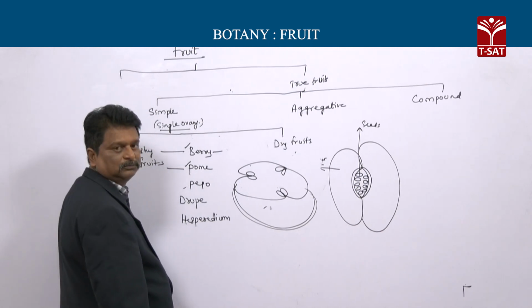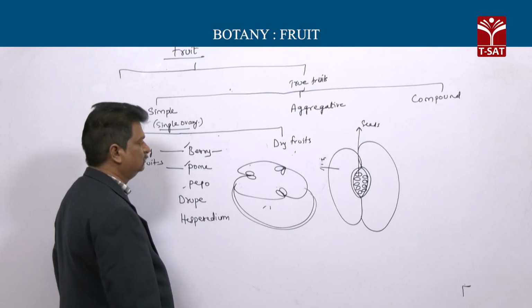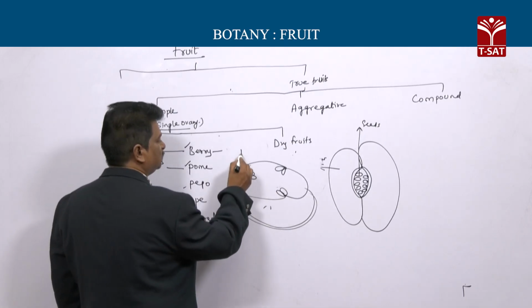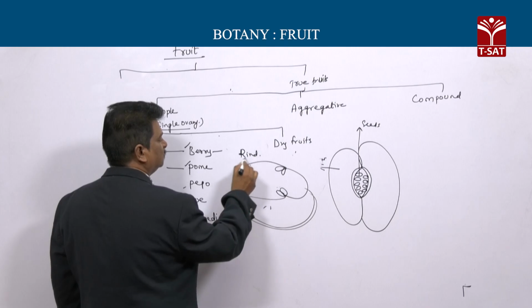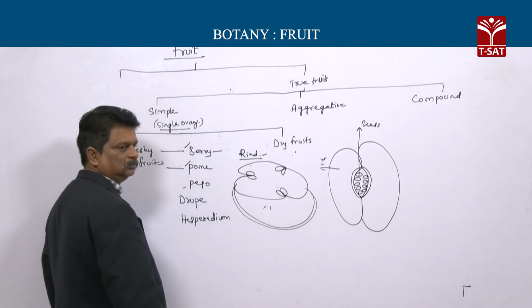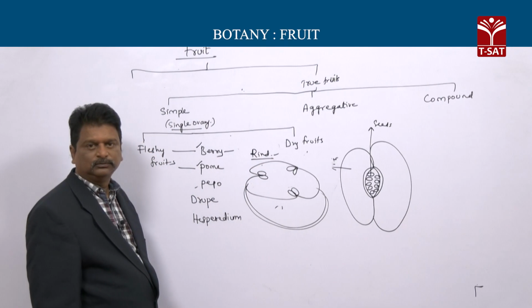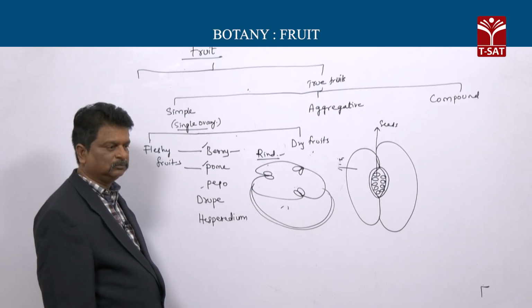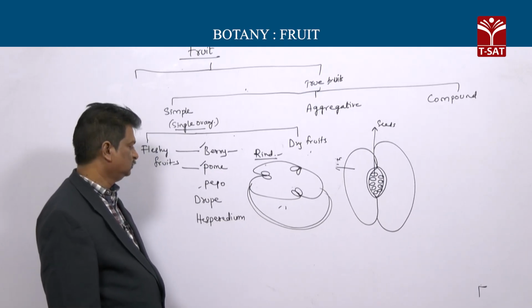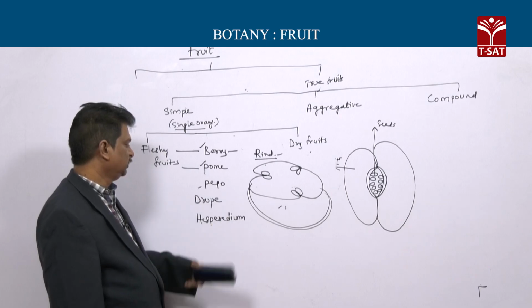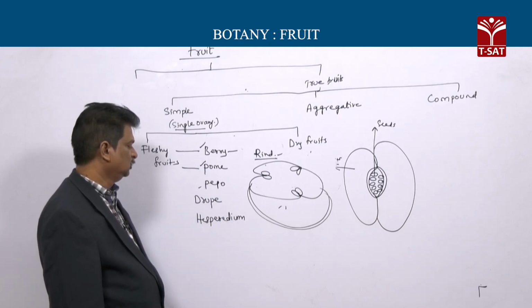In pepo, the epicarp fuses with the thalamus and forms the rind. Then the mesocarp is fleshy and the endocarp is edible. Example is Cucurbita.